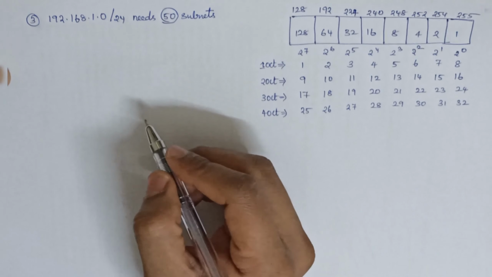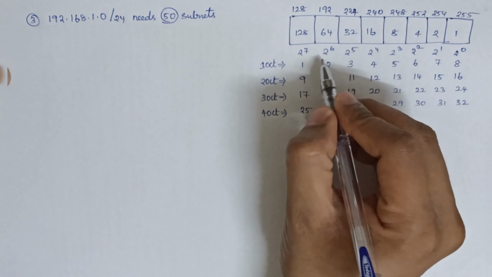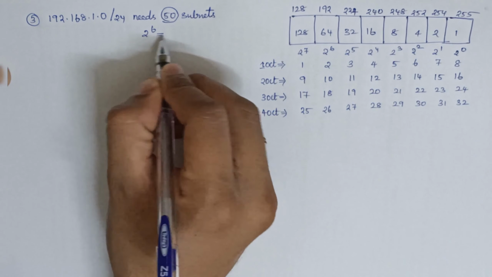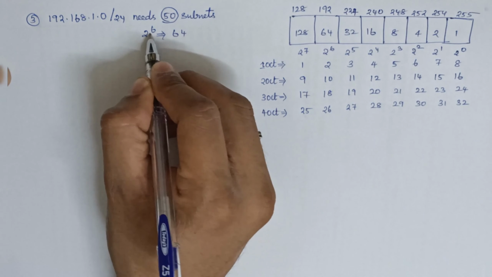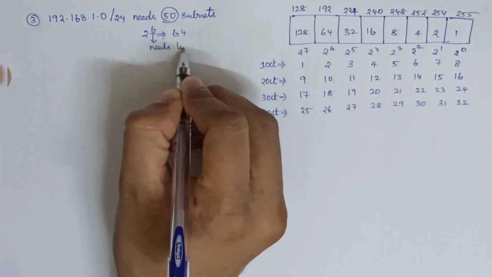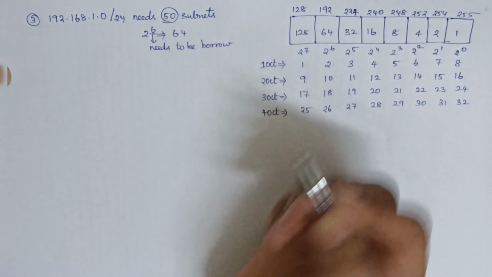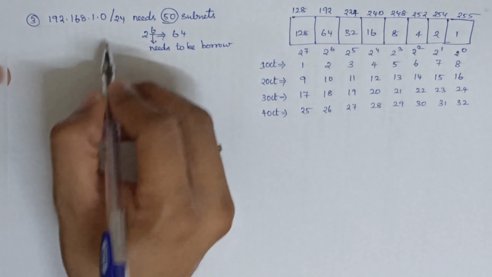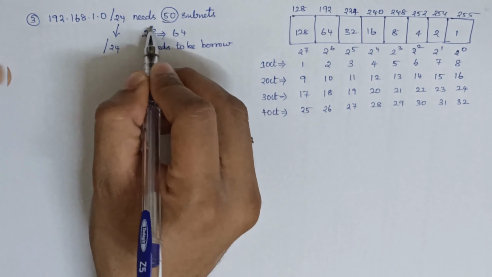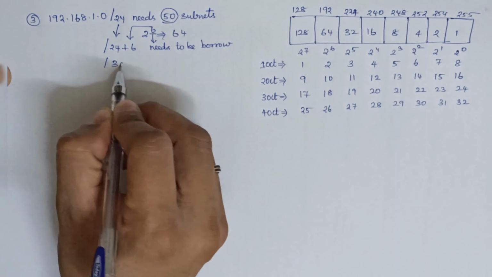So look at the chart again. 2 to the power of 6 is 64. So maximum 64 subnets we can go if you have 6 extra bits, which have to be borrowed from the host bits. Already we have 24, plus 6 bits needed. So network bits now become 30.